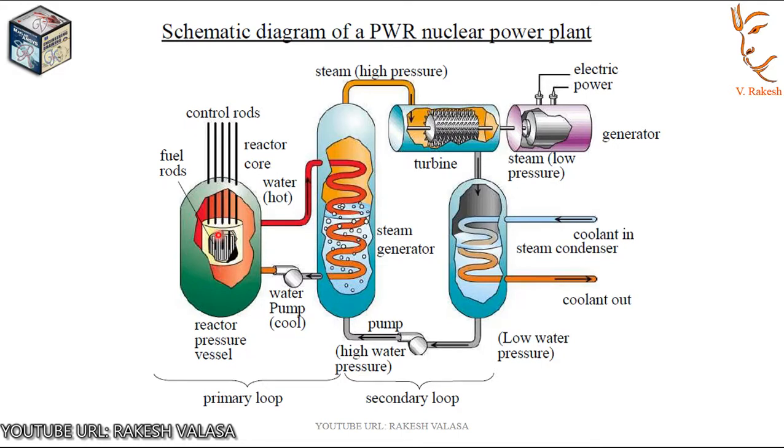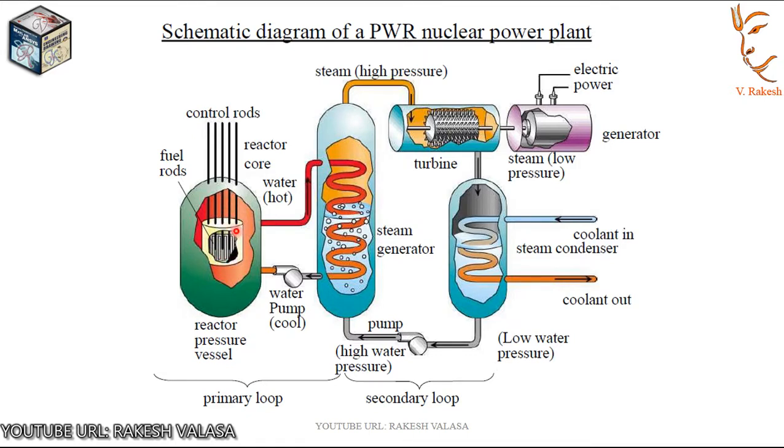Even at these high temperatures, the water does not boil as it is kept pressurized at approximately 157 bar. So that's why this reactor is called a pressurized water reactor.